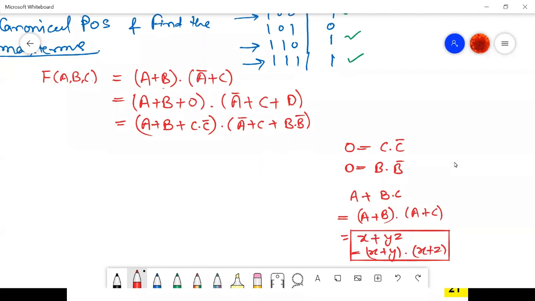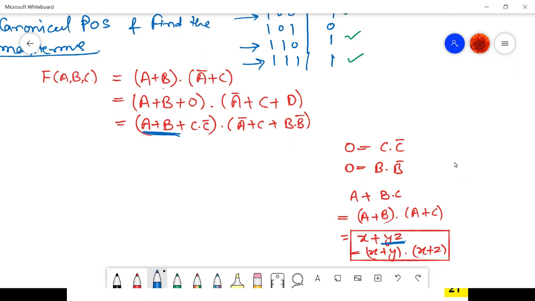Can we just assume A plus B as a single unit? As a single unit. And C dot C bar is like that in place of YZ. Are you getting my point? Should I repeat?